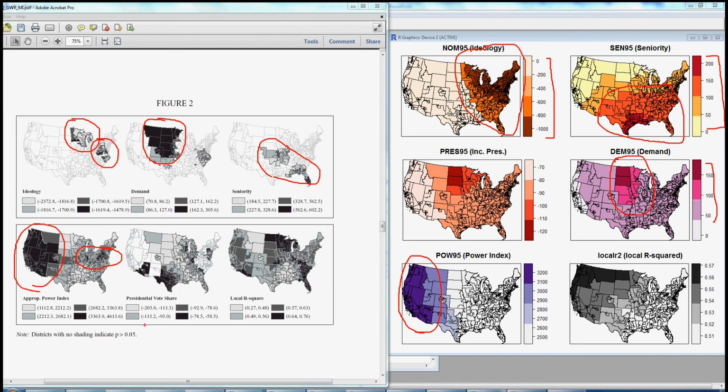Lastly, presidential vote share. It's always negative for the authors. Wherever they find it statistically significant, it's always negative. We find that it's statistically significant across the entire sample, across all units in the United States. It's also always negative, and it's particularly prominent in the upper Midwest. So that's not quite the same as what the authors found.